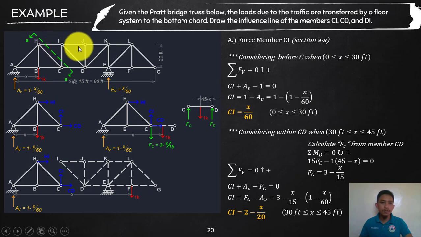But if your load is of course on top, then that is HI. So first is if our load is within the section, which means that is considering before C. Before joint C, the load is here. Second is when the load is within the cut section, or that is the cut panel CD, member CD.